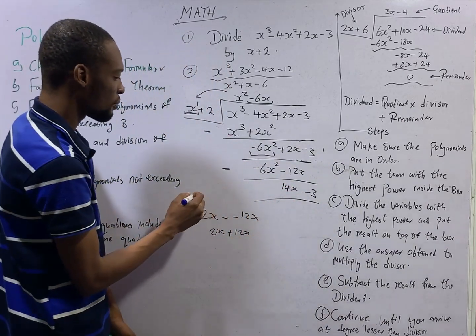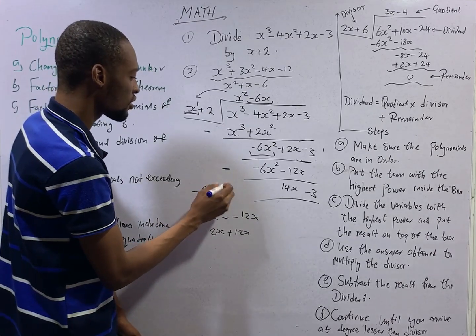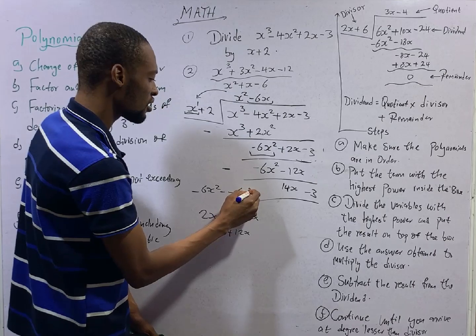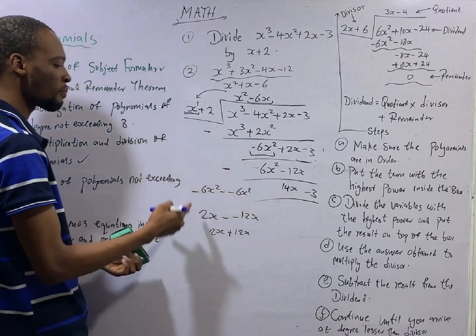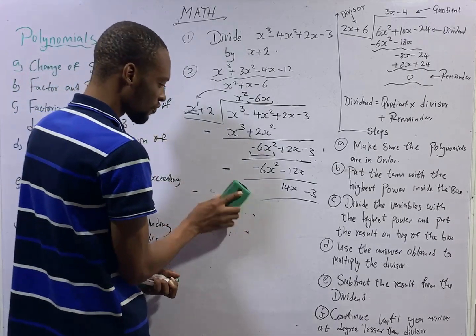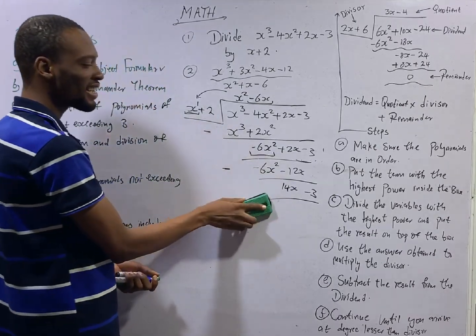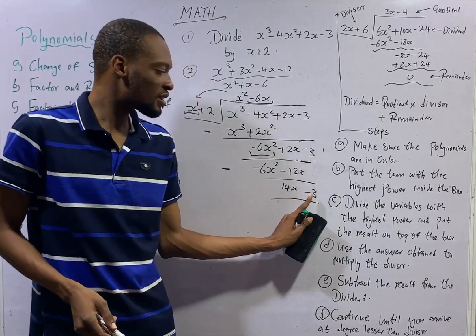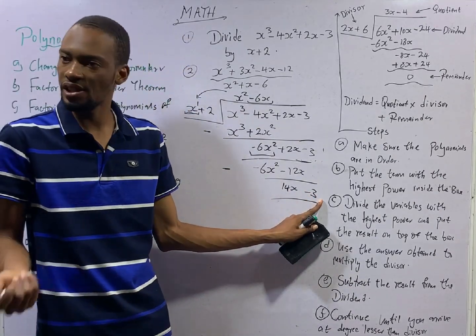Then here, minus 6s squared, and there is another minus, minus 6s squared. This will give you minus 6s squared plus 6s squared, which is 0. So we are here now. Our new polynomial, or our new dividend, is 14s minus 3.